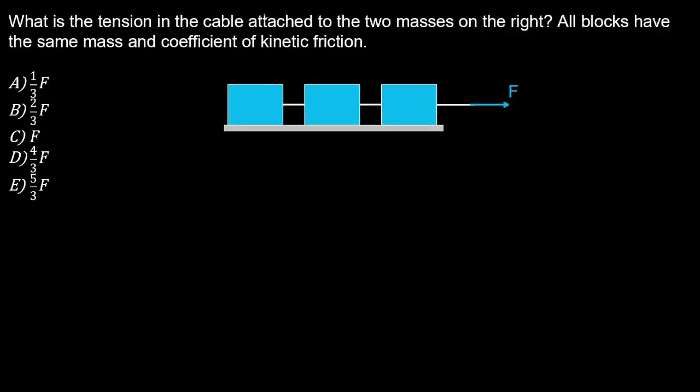What is the tension in the cable attached to the two masses on the right, being these two masses? And we're told that all blocks have the same mass and coefficient of kinetic friction.